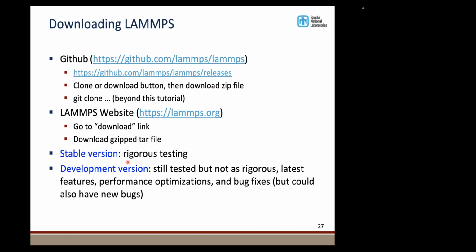It's still tested, so we have regression tests that run on every single commit, every single pull request, but it's just not quite as rigorous as a stable version. It includes the latest features, the latest performance optimizations, the latest bug fixes, though sometimes we do backport bug fixes into the stable version. But it could have undiscovered new bugs. So you're kind of on the bleeding edge with the development version.